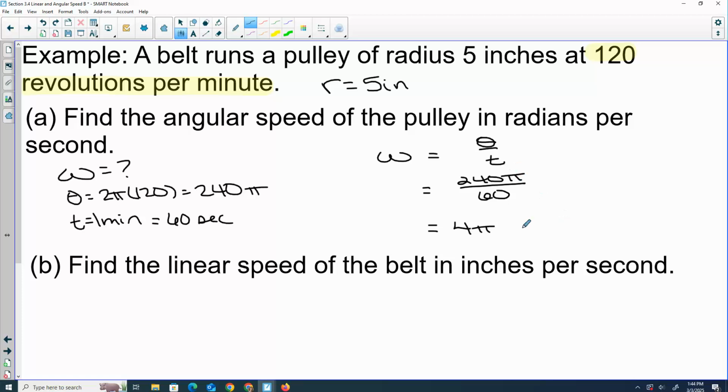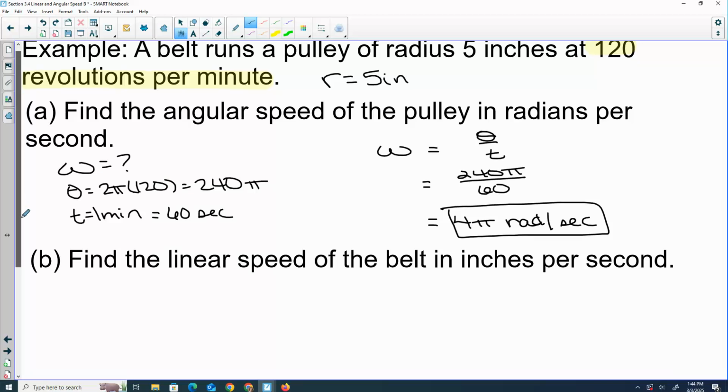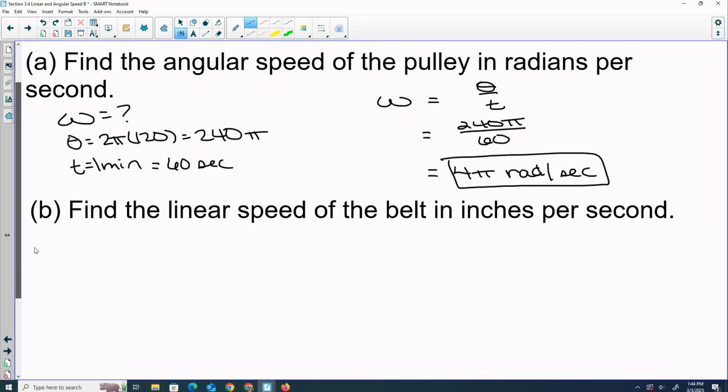And in our units, theta was in radians, t was in seconds, so radians per second. Okay, take a second and see if you can do part B.